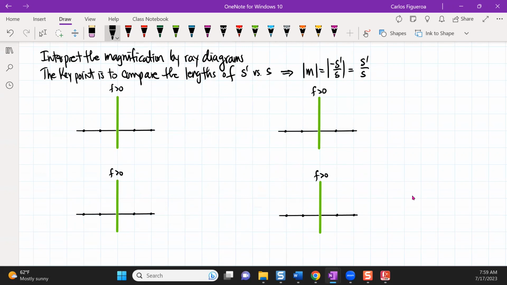So now I'm going to pick my object. My object here is going to be outside of 2F. What I want you to see here is that this guy is large because it's outside of 2F. So now let's do the ray diagram. I'm going to pick this ray right here, then go through the focal length.